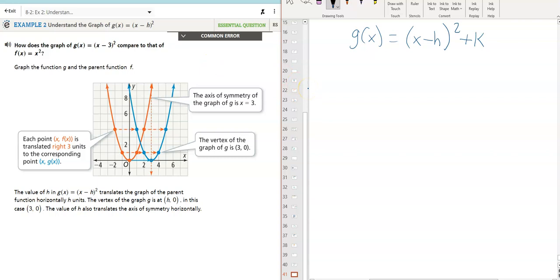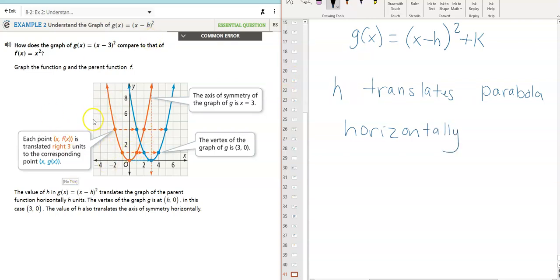So you can write this down in your notes that the letter H translates our parabola horizontally. And then they do it a little bit differently here, but we know from our warm-up that it is really the opposite of h.